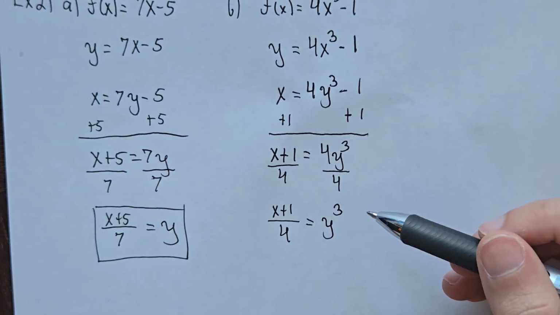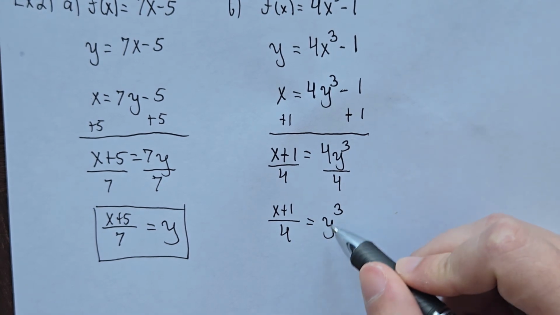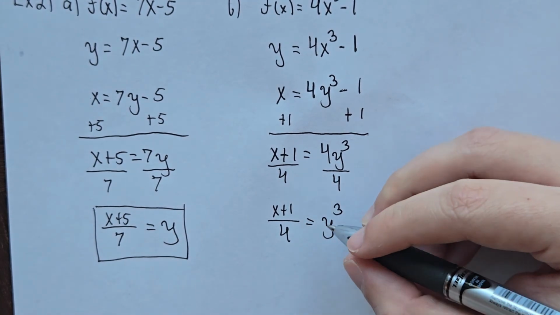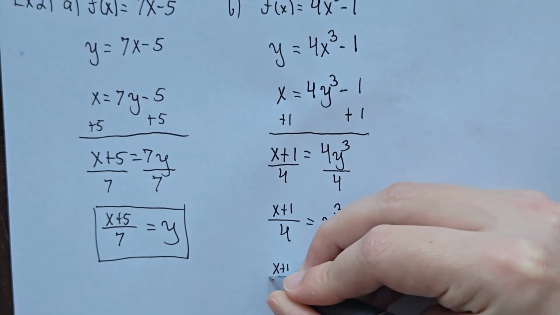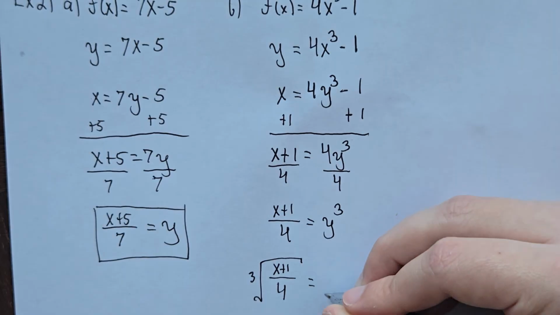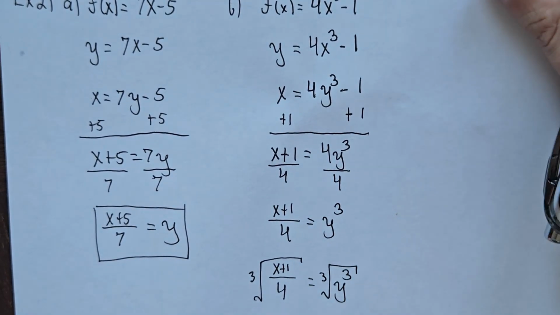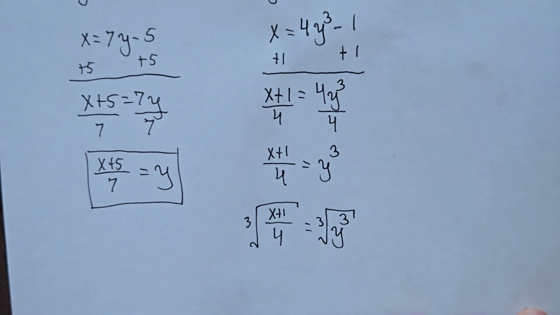We only need to worry about the plus or minus root on even powers. So for this one, whenever we choose to take the cube root of both sides, the cube root of x plus 1 over 4 is equal to the cube root of y cubed. We don't need to include the plus or minus because it is an odd power. Remember, we had this discussion last time: with odd powers, it is possible to get negative numbers out of them.